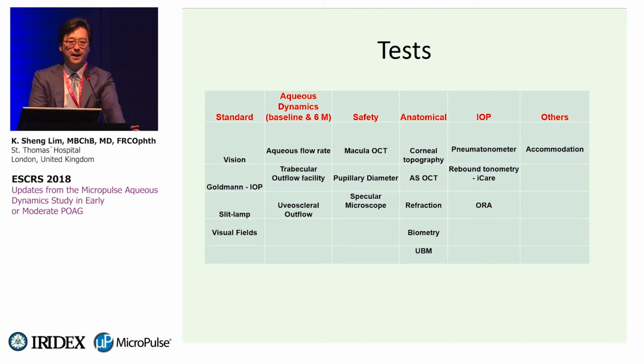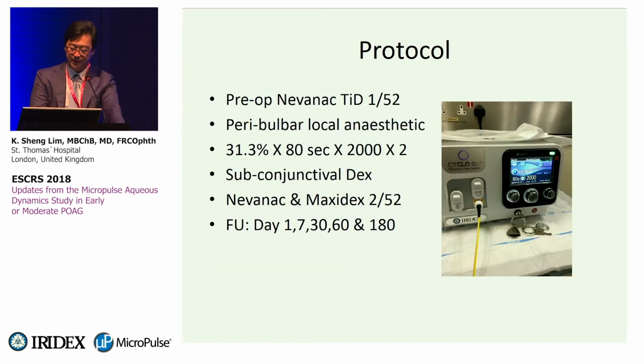We just want to see absolutely any safety or any other anatomical or physiological changes to the patient's eye after MP3 laser. I'm not going to bore you with that, except I've used a very standard treatment regime of 80 seconds using peribulbar anesthetic, which is my preference because I don't have easy access to anesthetists in some of my lists.